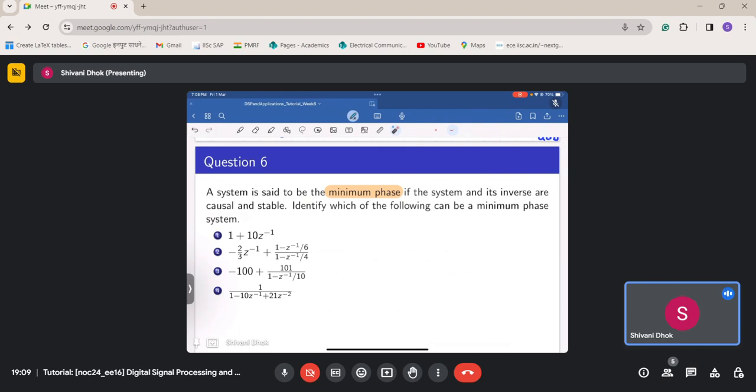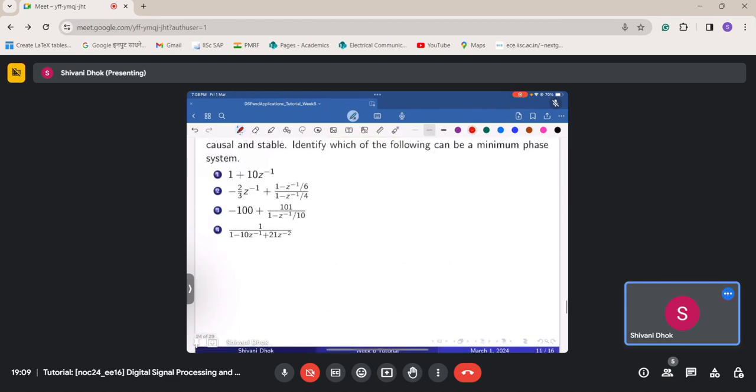Let us try to understand what is happening. What is given to us is a definition of a minimum phase system. And what does it say?